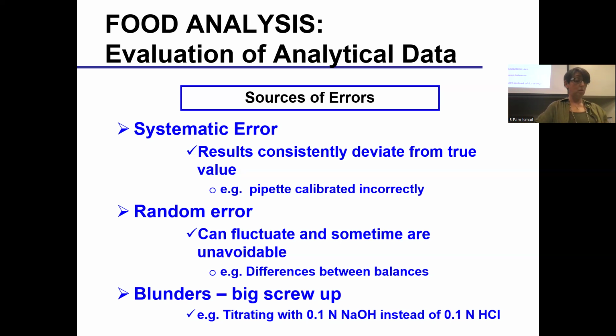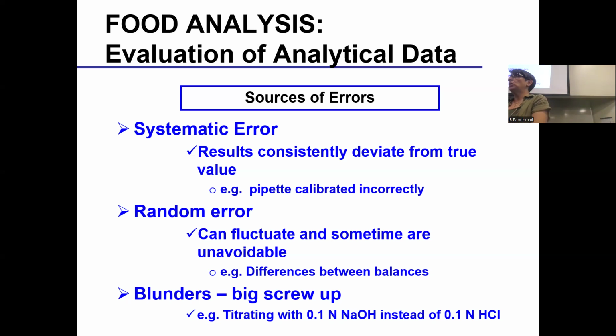Blunders. Big screw up. This example actually happened in the lab. We were titrating for determining protein content using Kjeldahl. The last step is titration with HCl. So instead of putting HCl in your burette, someone put NaOH in there. So you have base.